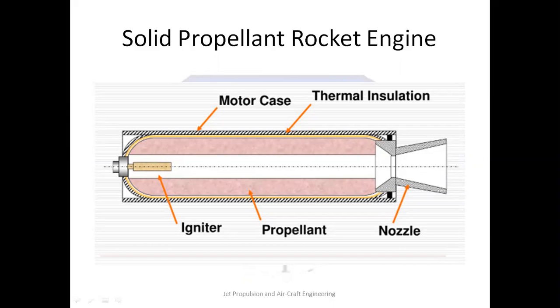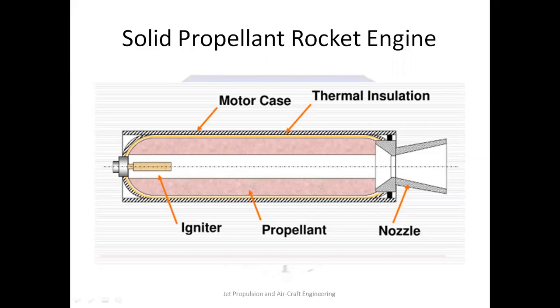First of all, the igniter, which is located at the top, ignites the spark, so the combustion takes place. When the combustion takes place in the combustion chamber, very high pressure and high temperature gases are produced because of the combustion of the propellant. Now, the highly heated products of combustion are then allowed to expand in the nozzle section, as you can see at the tail of the engine.